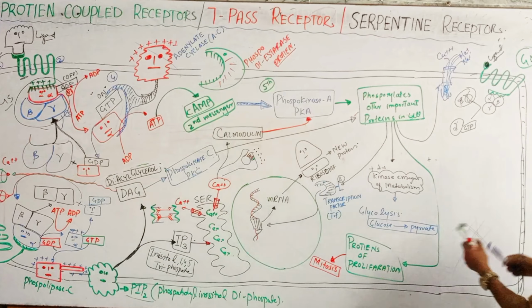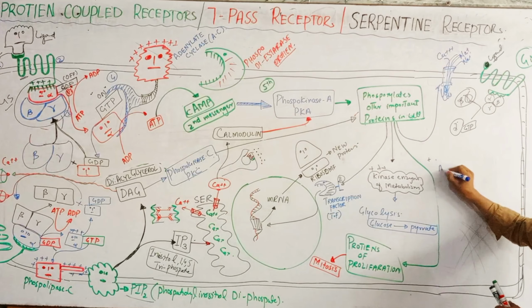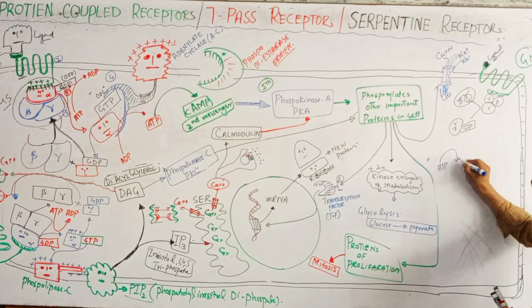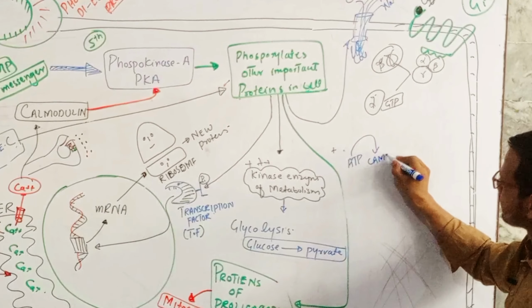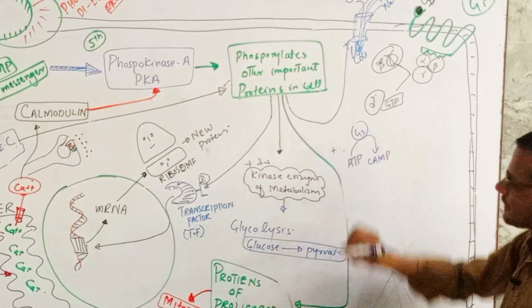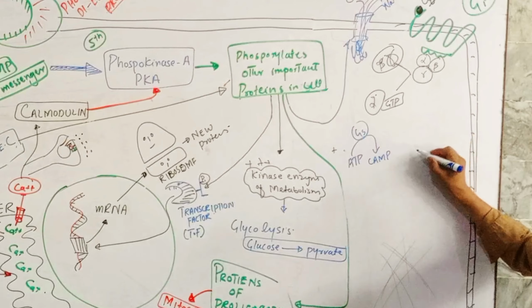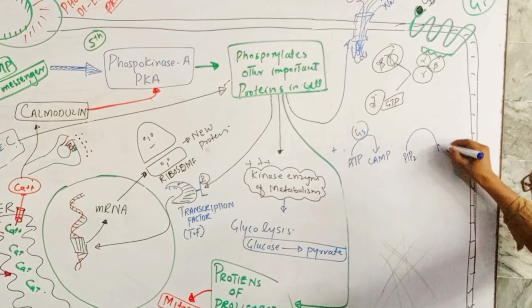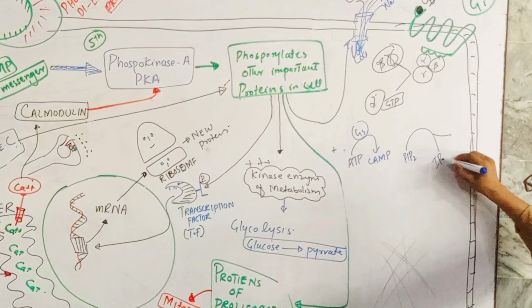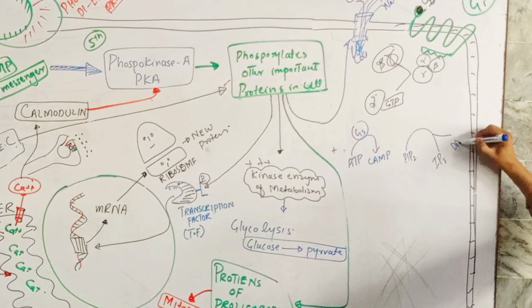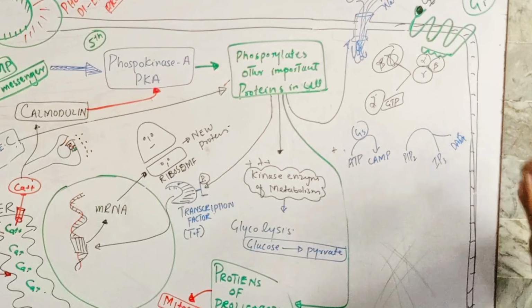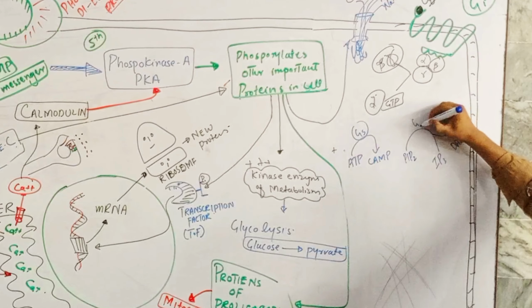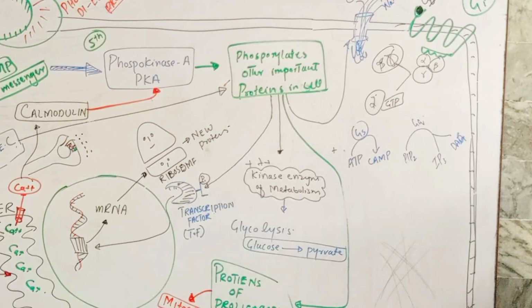So for example, in one pathway ATP is converted into cAMP, and this is the pathway of Gs. The second is phospholipase, PIP2, which is converted into IP3 and DAG. Right? This is the pathway of the Gq receptor.